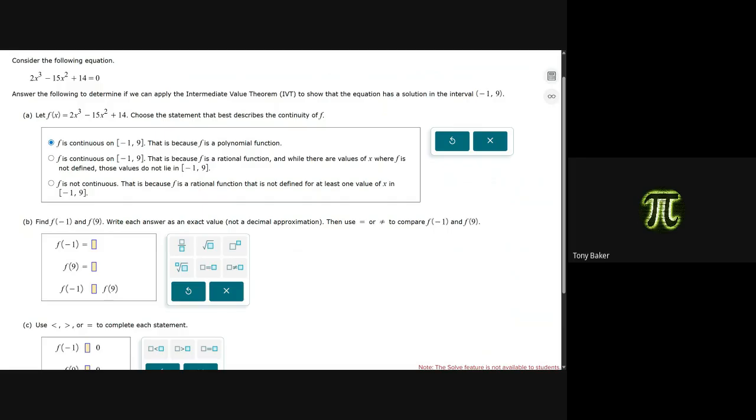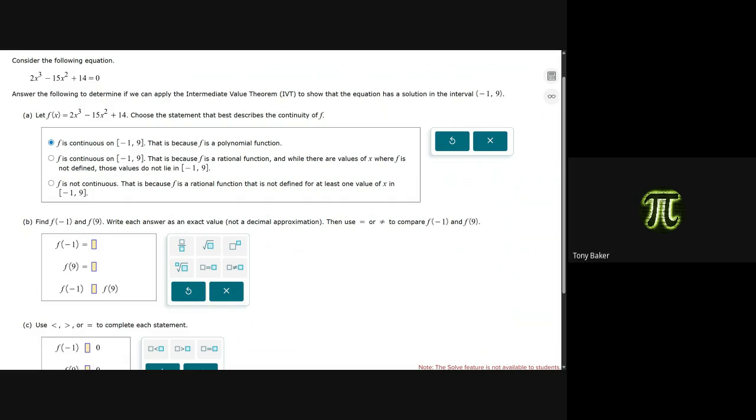What's a rational function? That's the one where we have division. Rational functions mean fractions. So a rational function would be continuous everywhere except for where the denominator is 0. If that is not within the domain or the interval that they're looking at, you're fine. We can continue doing the problem.